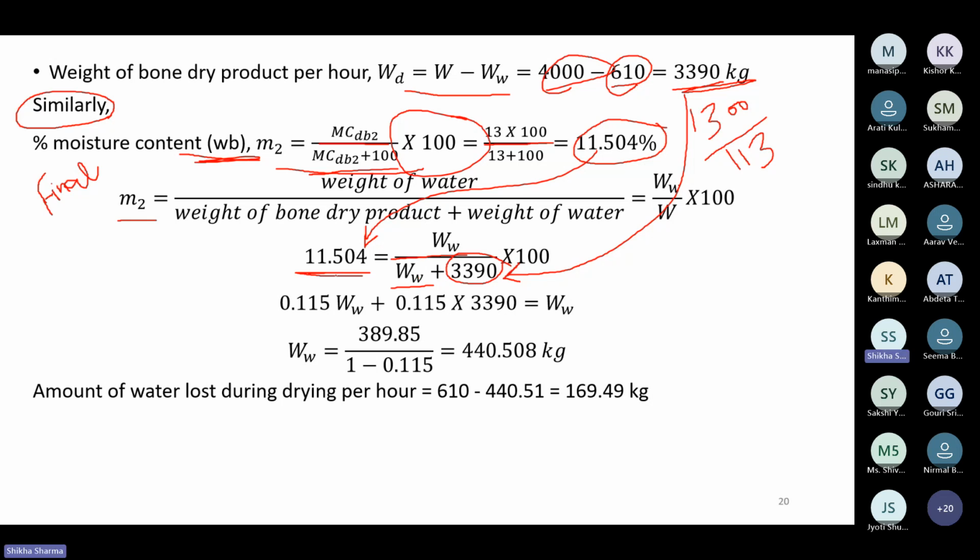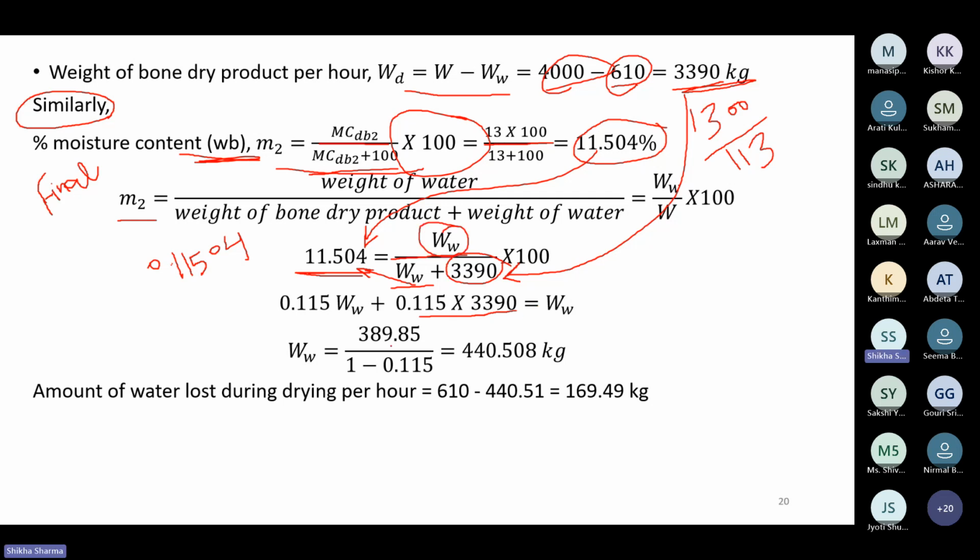So if this 100 goes to this side, it will be 0.11504. Right? So this multiplied with weight of the water, then plus 0.115 into 3390 is equal to weight of the water.